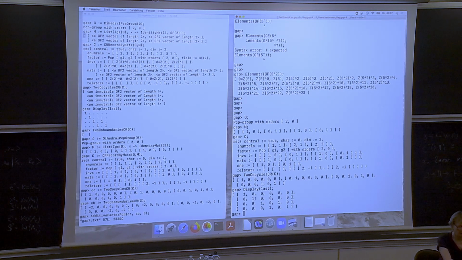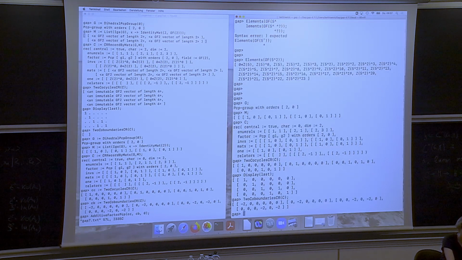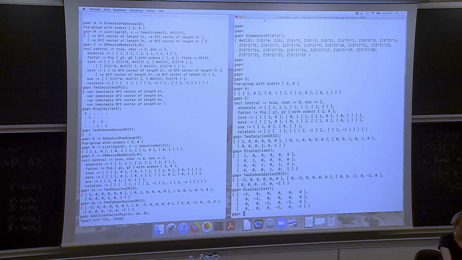It tells you that the two cocycles are a four-dimensional subspace in Z to the 6. Now two coboundaries. Display always prints it in somewhat nicer form. It's also four-dimensional in the same six-dimensional space.